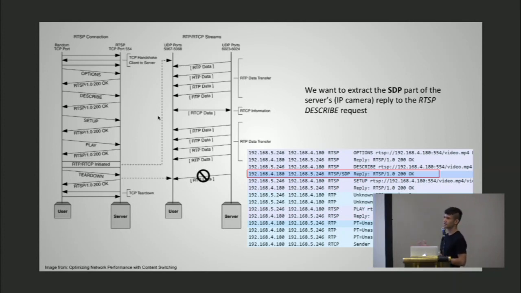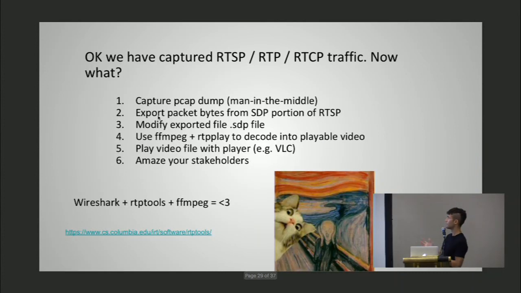And then, how do we do this? The answer is really simple. We just need the Session Description Protocol packet that is in the traffic, especially at the beginning of the RTSP session establishment. Then we just use these three tools. There were some other automated tools that are supposed to do that, but they never worked for us.